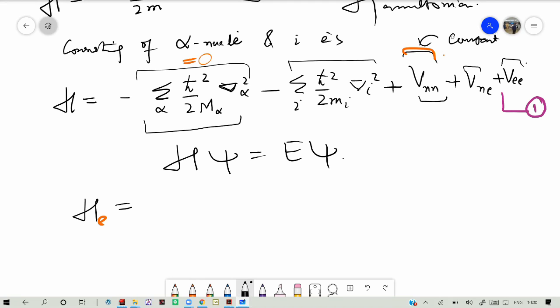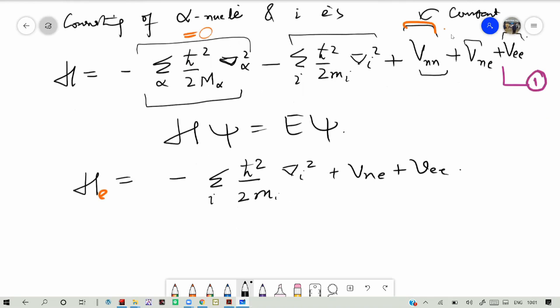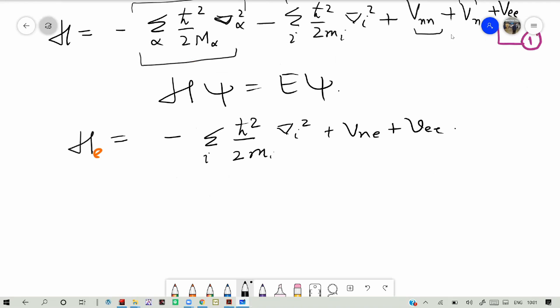It is minus summation over I h cut square divided by 2m, del square I. So for electrons we can write the Schrodinger equation He psi e is E dash psi e, with the subscript e to differentiate it. This is for electrons.